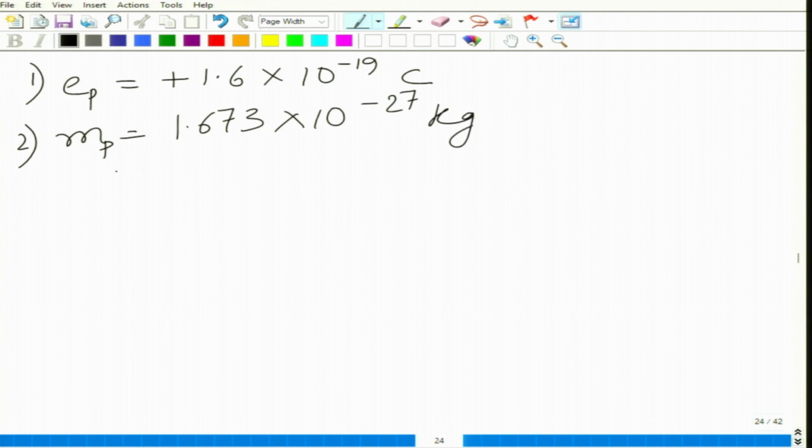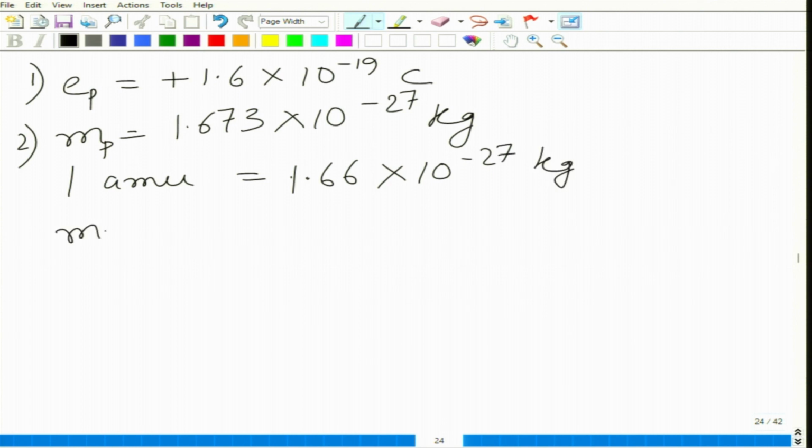If we convert it to AMU, 1 AMU equals 1.66 into 10 raised to minus 27 kg. So the mass of a proton in AMU was found out to be 1.007 AMU.